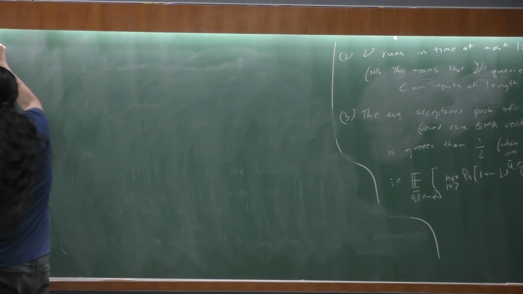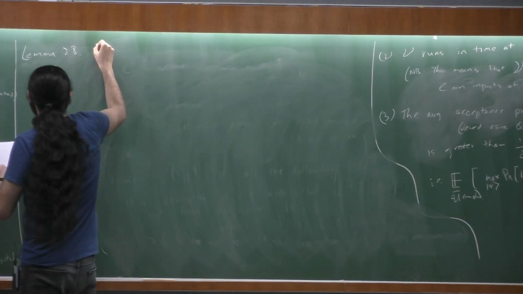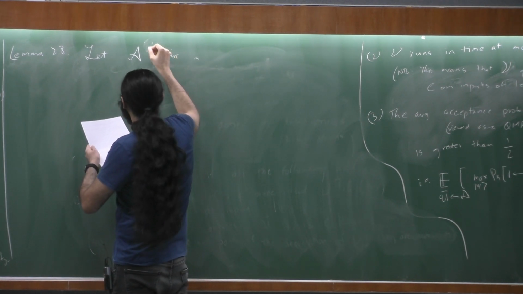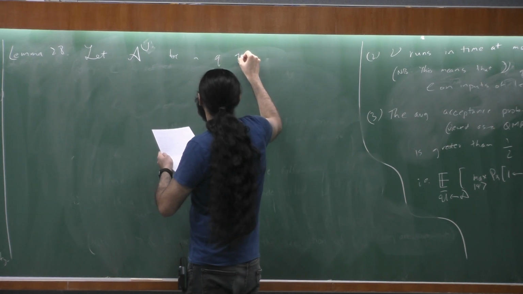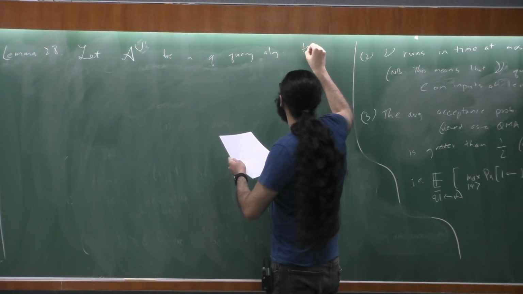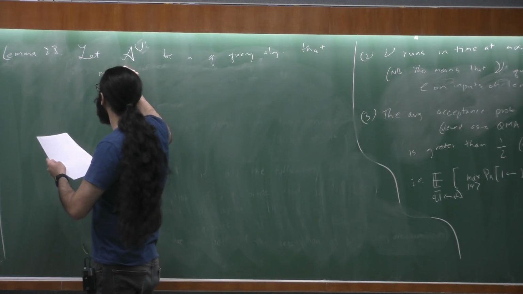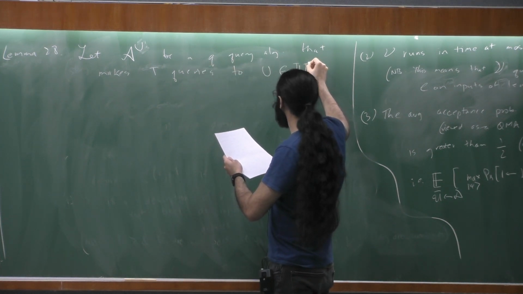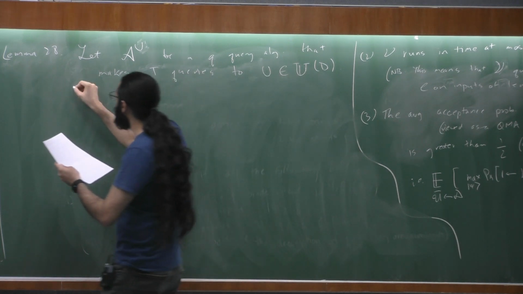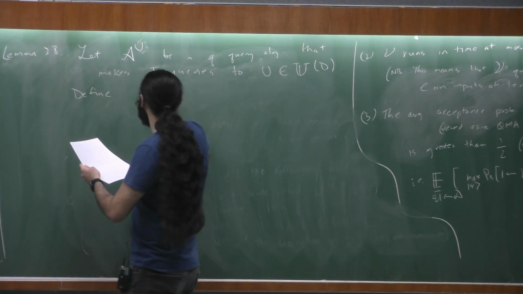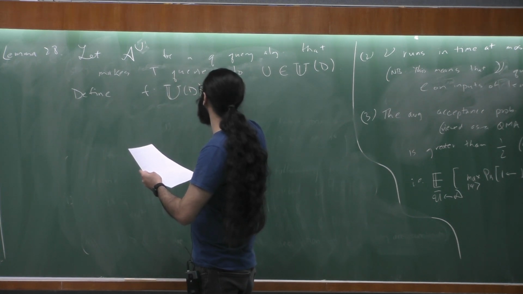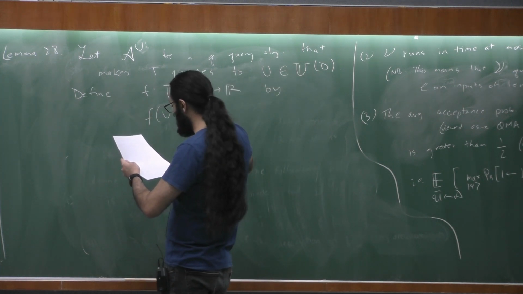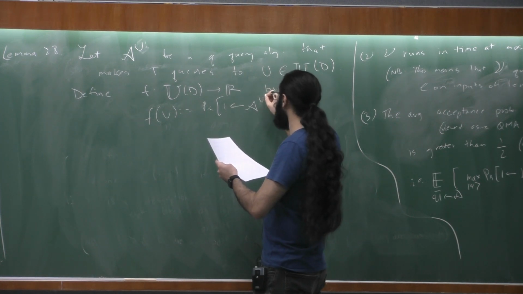Okay, so that's lemma 28. Let A_U be a quantum query algorithm that makes T queries to a unitary U in a set of unitaries of dimension D. Then you define f to go from the set of unitaries of dimension D to the reals by the following function: f of u is defined to be the probability that the query algorithm uses u and outputs 1.